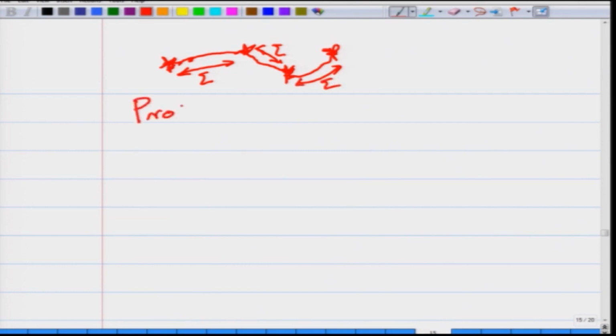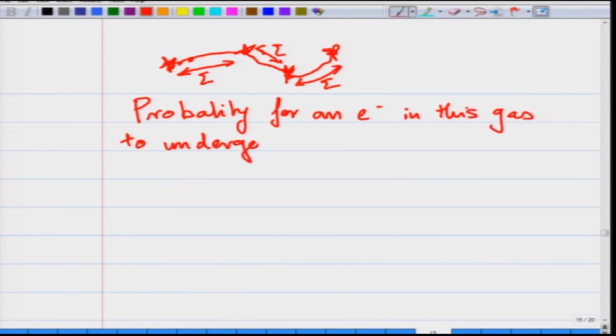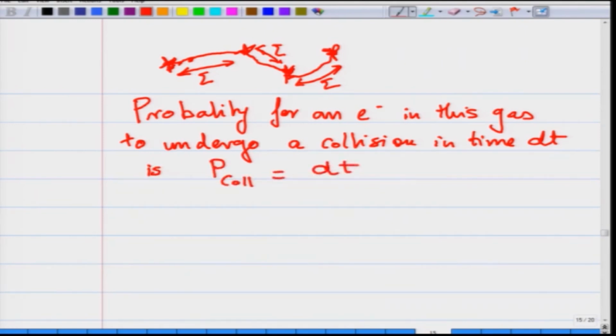So, he suggested that the probability for an electron in this gas to undergo a collision in time dt is P of collisions is equal to dt divided by tau, where tau is the mean time interval between the collisions and dt is the time interval within which you are going to see whether there is a finite probability of the electron undergoing a collision or not.